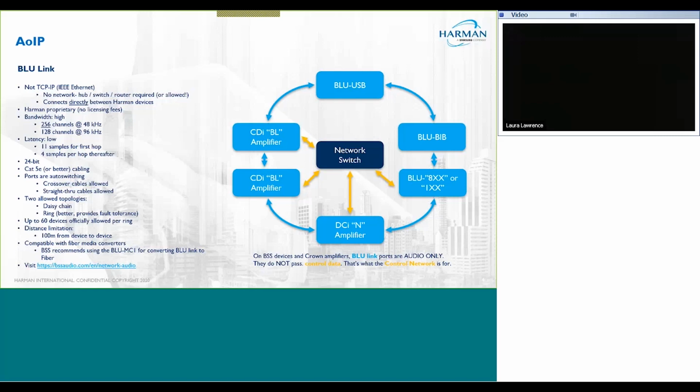The other, and probably one of the big benefits that I see with BLU Link, is reliability. I'm going to reiterate this pretty strongly: BLU Link is by far the most reliable of all the platforms we're going to discuss today.